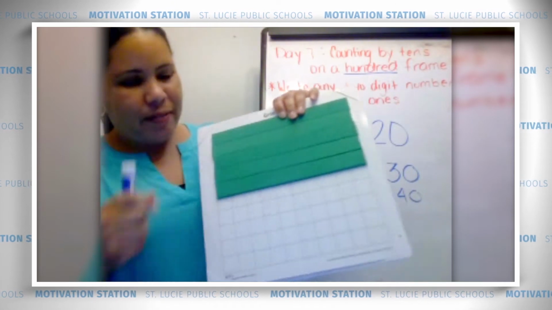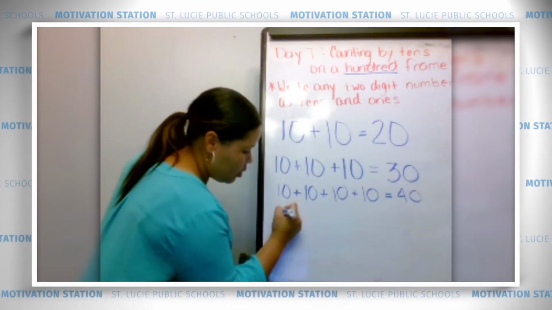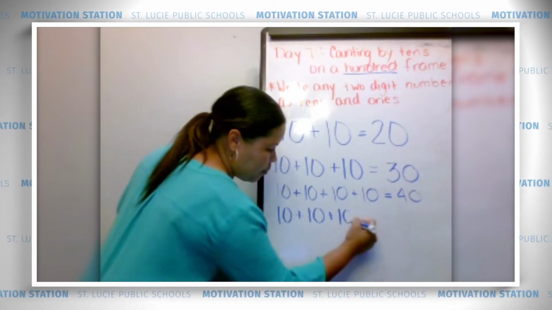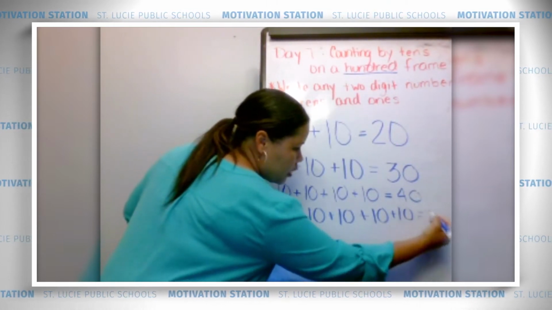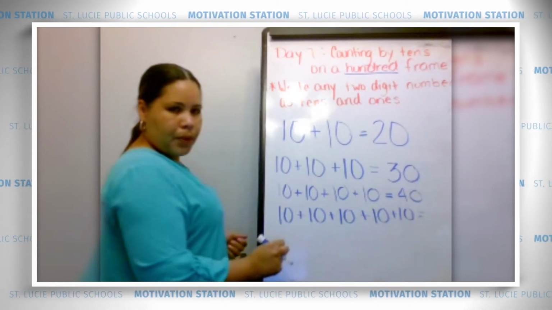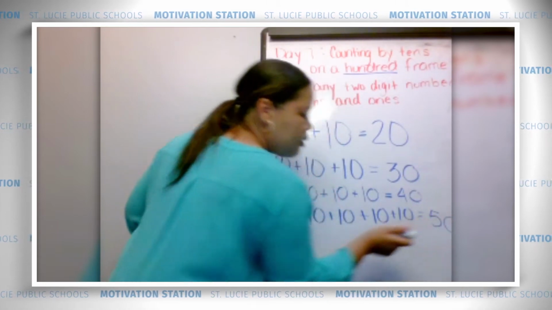Another 10. I now have 5 tens. 10 plus 10 plus 10, 10 plus 10, 10, 10, 10, 10. So 5 tens is 50.